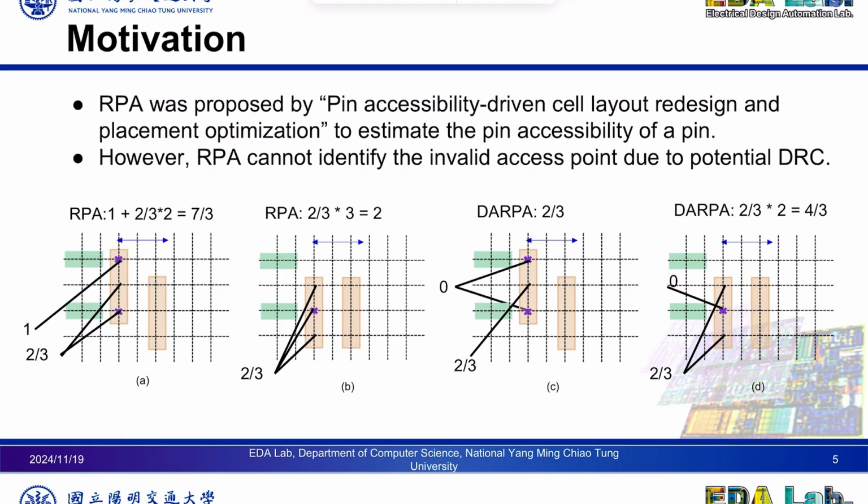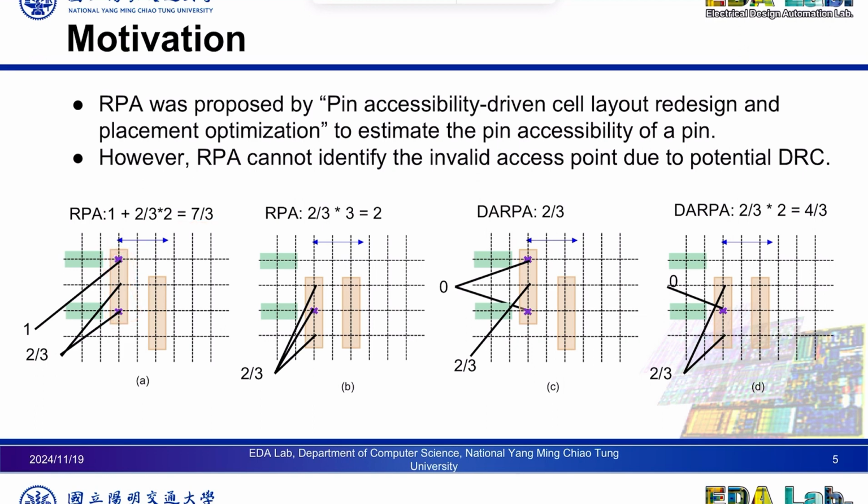And the possibility we choose this access point for this pin is its length, so it's 1/3. So the remaining of this access point will be 1 minus 1/3, which is 2/3. So the overall RPA value of this pin will be 7/3.